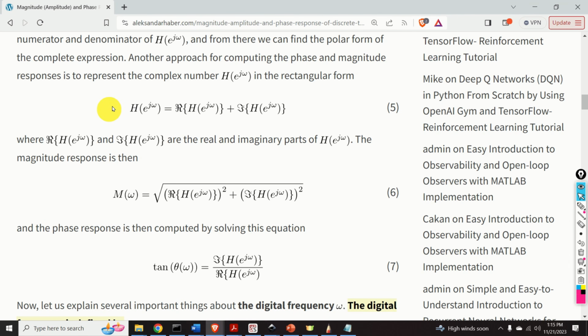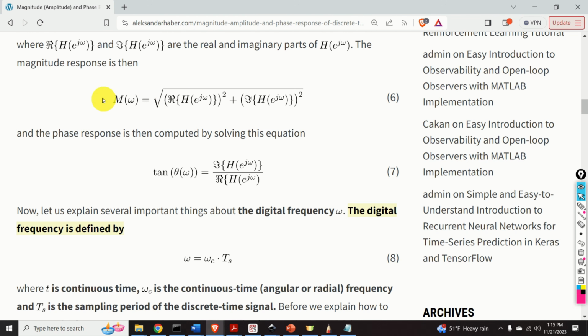Another approach is to represent the complex number H of e to the power j omega in the so-called rectangular form. The rectangular form is obtained by computing the real part and the imaginary part of H. Once we have the real and imaginary parts, the magnitude response is then given by this standard equation. And the phase response is computed by solving this equation.